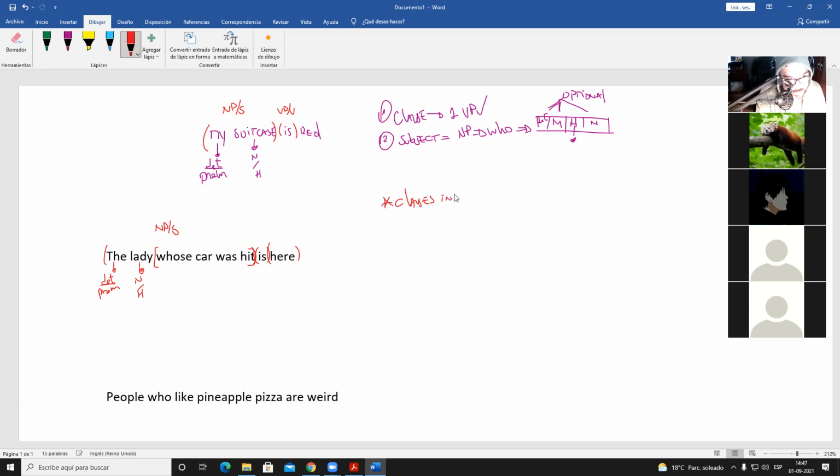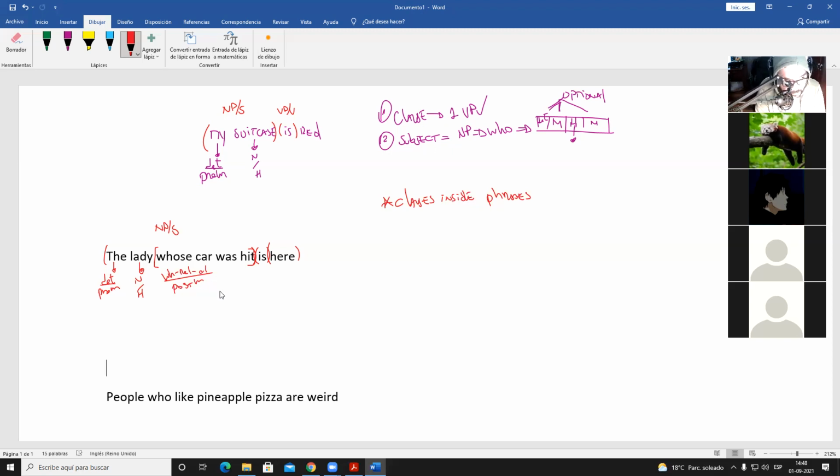I'm going to give it a name: a WH relative clause, acting as a post modifier. Why WH? Because it begins with a WH word. Relative clause because it is providing extra information about the head of a phrase. Those clause types we are going to call relative clauses. Post modifier because it is after the head.